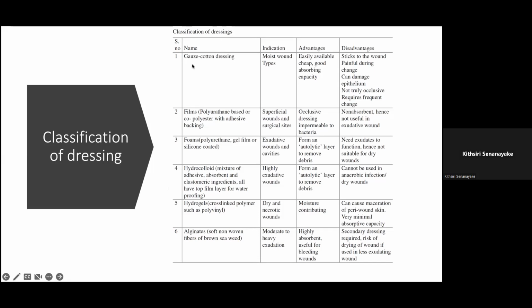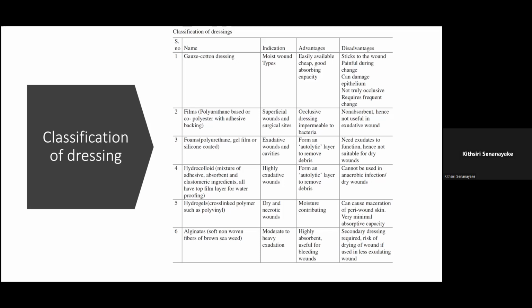We can say there are gauze or cotton dressings, which are common in our wards. Second is films. There are transparent films, also called occlusive dressings, such as Opsite dressing and Tegaderm dressings, which are transparent dressings.